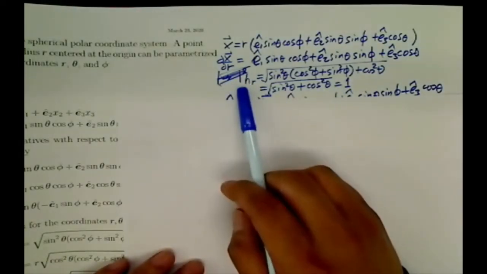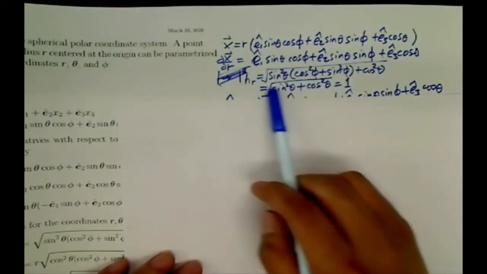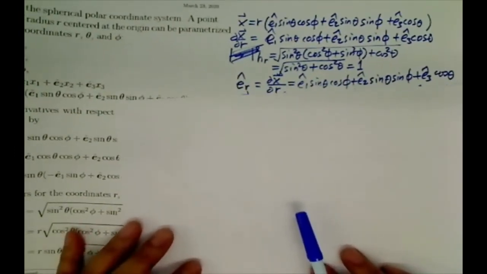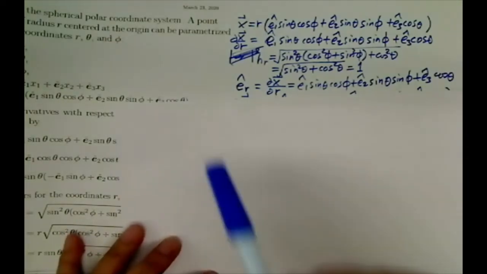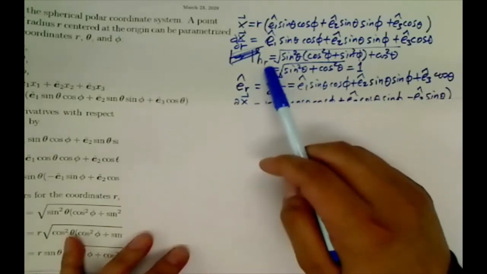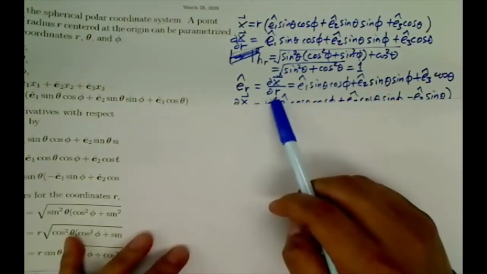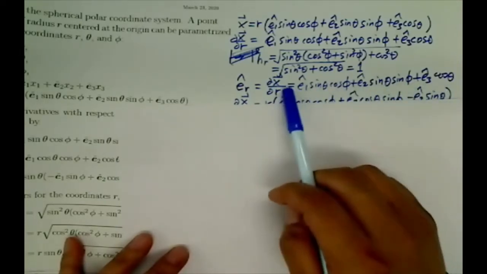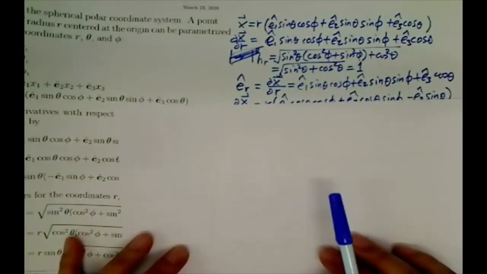So h_r, the scale factor for the radius, is 1. Next, the unit radial vector is this vector divided by h_r, and h_r is 1, so this itself is the unit radial vector e_r hat.